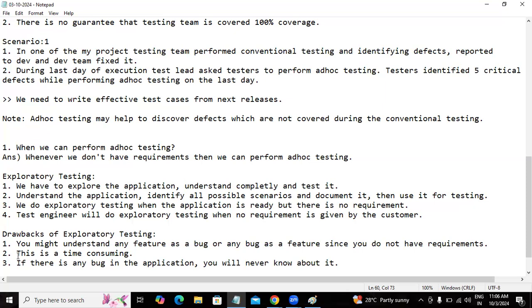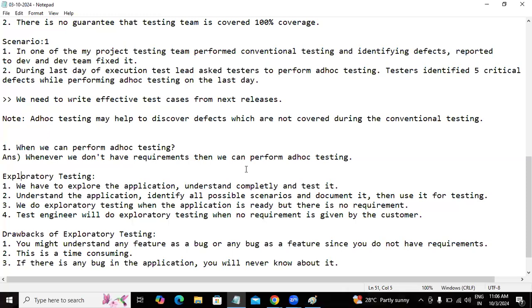Why? Because of the first point I mentioned: when you find a defect, we can call it a feature, or any feature we can call a bug, or a bug a feature. There is a little confusion because we don't have requirements.